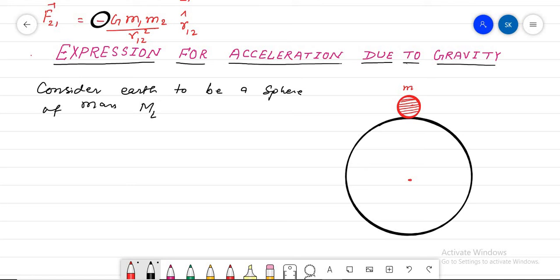This one is represented as ME and radius RE.